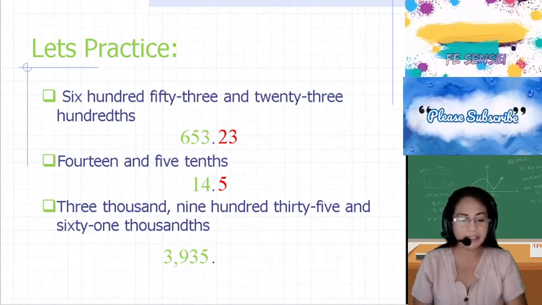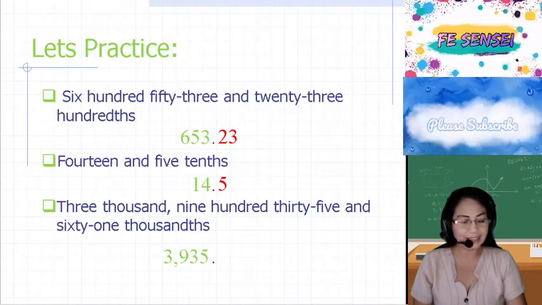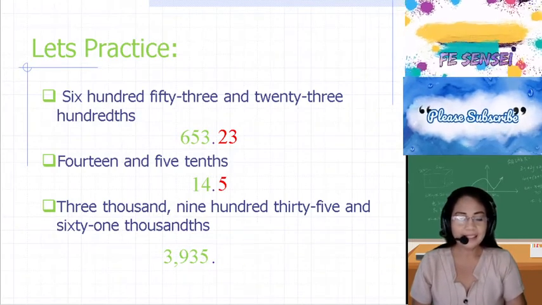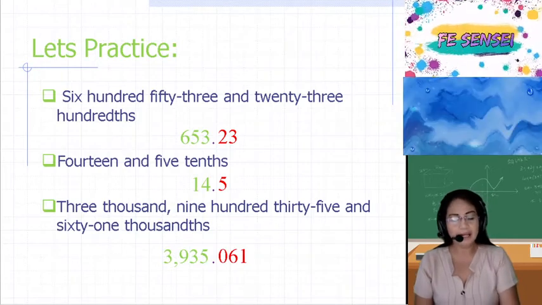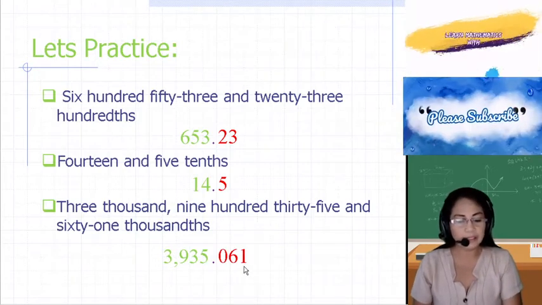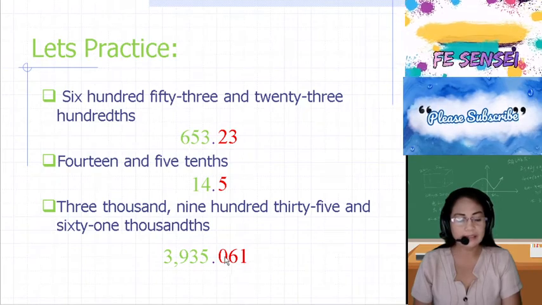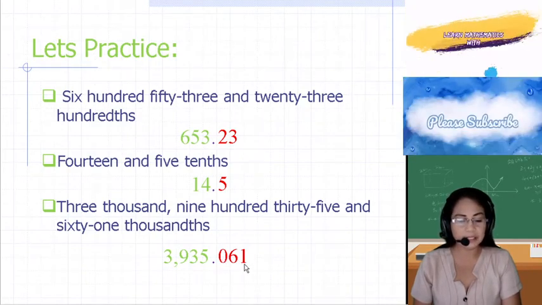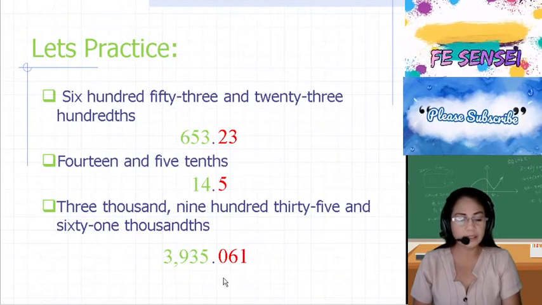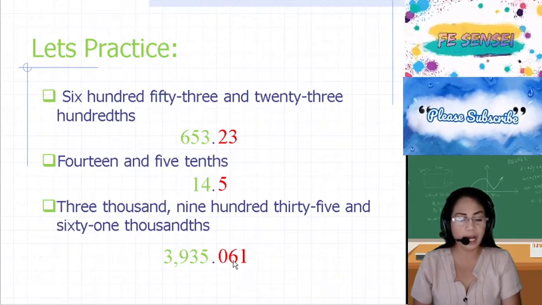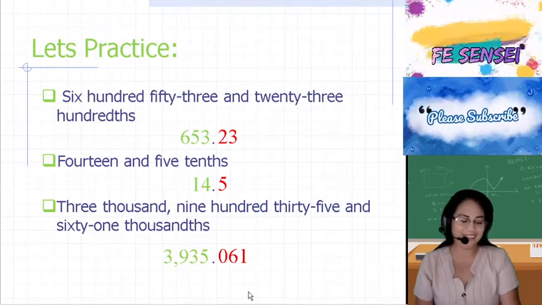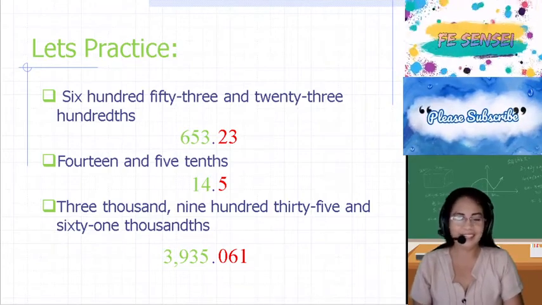So we need 3 decimal places. And that's it. 61. Then write the 0 here. So 61 thousandths, it's thousandths, so therefore tenths, hundredths, and thousandths. Okay.